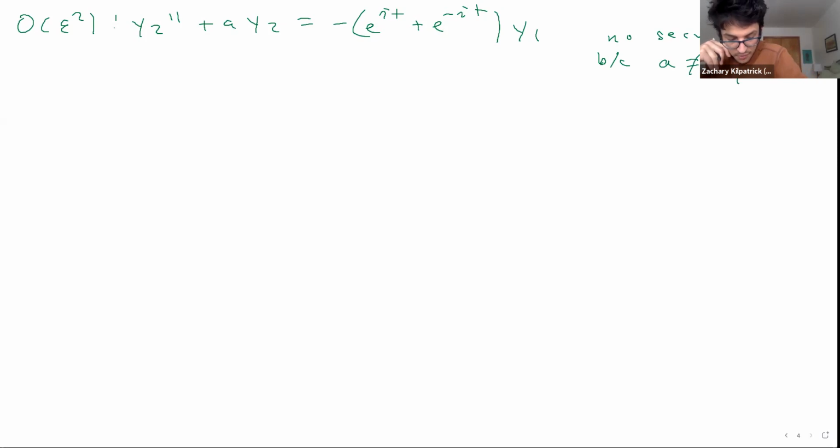Otherwise, we would have the possibility of a equals 1 in this case, and that could lead to secular terms.